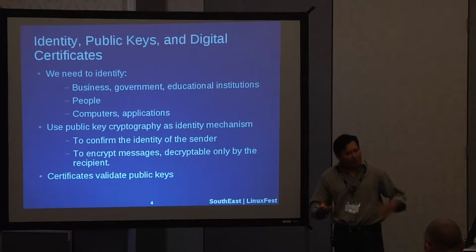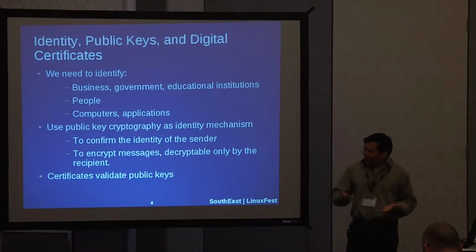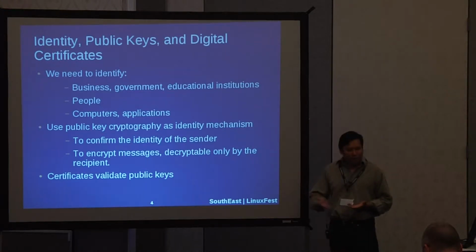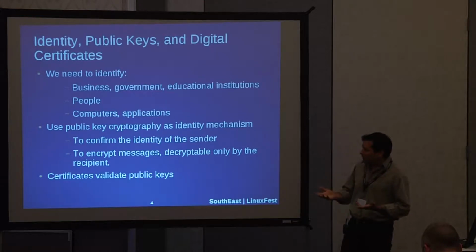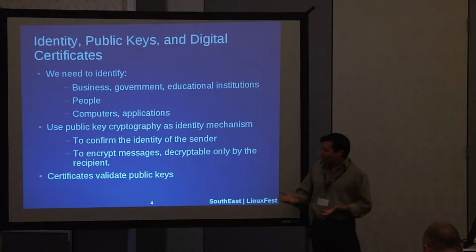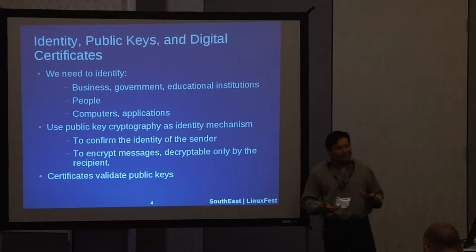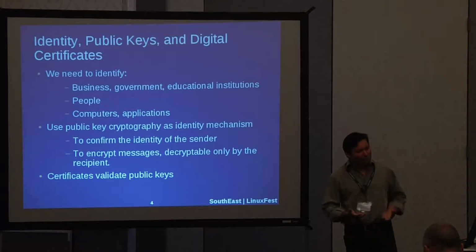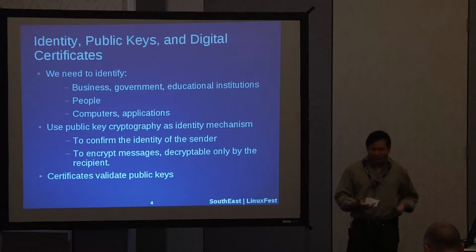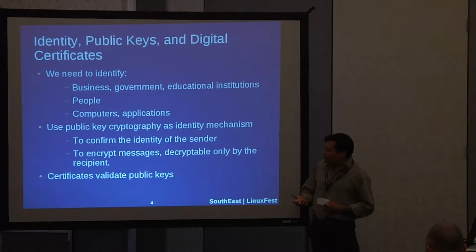So there are lots of different uses for public key cryptography, but essentially the idea is that you generate a public-private key pair, the private key you keep hidden, and the public key you publish everywhere, and that's how the mechanism works. We know that if you send something encrypted by your private key and it is decryptable by the public key, it came from you, because you've kept your private key to yourself and only you have it.